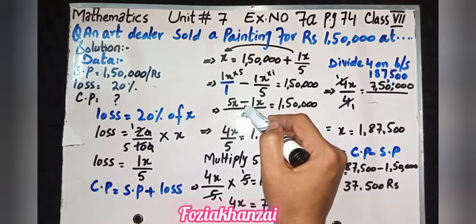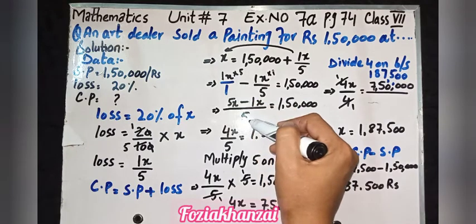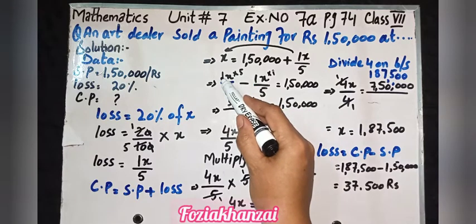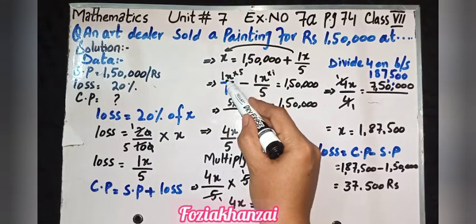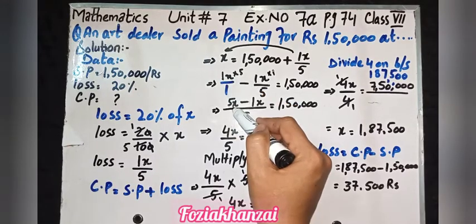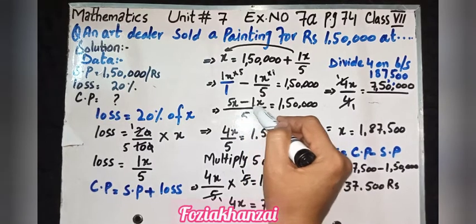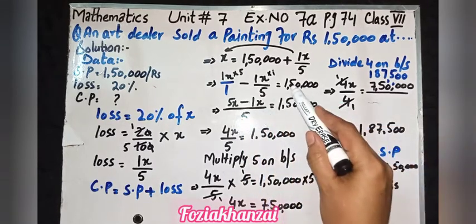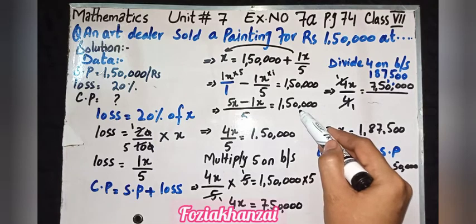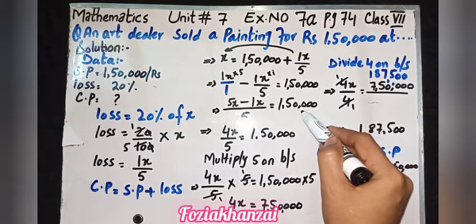Minus sign as it is. Now 5 divided by 1 is 5, multiplied by the hidden coefficient 1, gives 5x. So 5x minus 1x is equal to 1,50,000, the selling price, copied as it is.